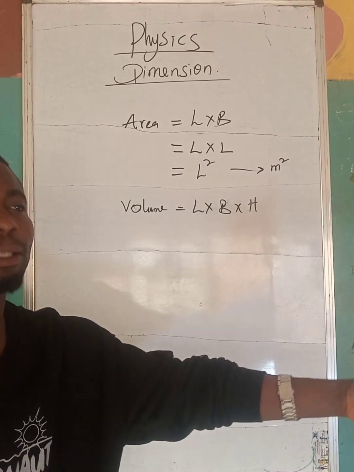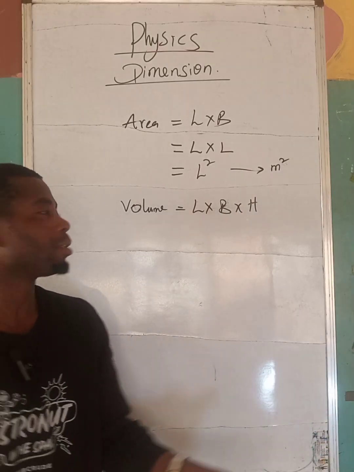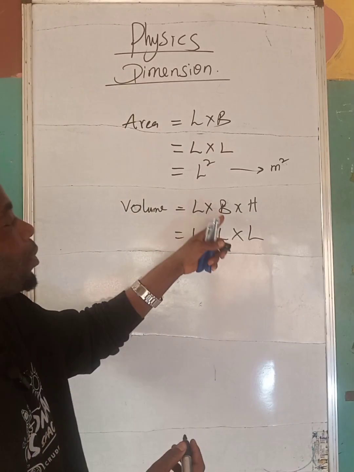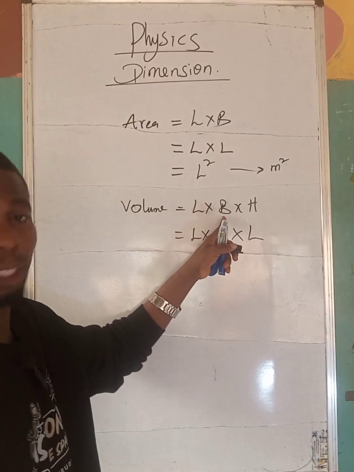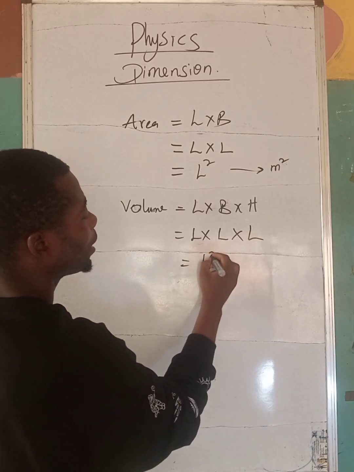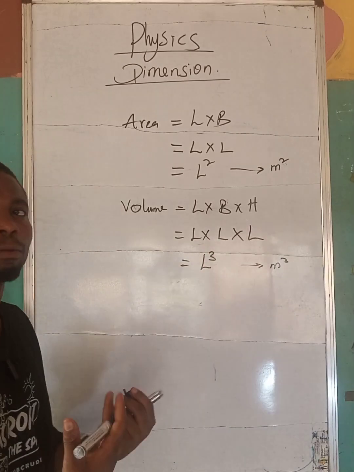And I said separation is length, which is distance, which is L. So your breadth is separation L, your height is separation L. If you multiply them, you get L cubed, and the unit here is meter cubed. So this is the dimension of the volume.